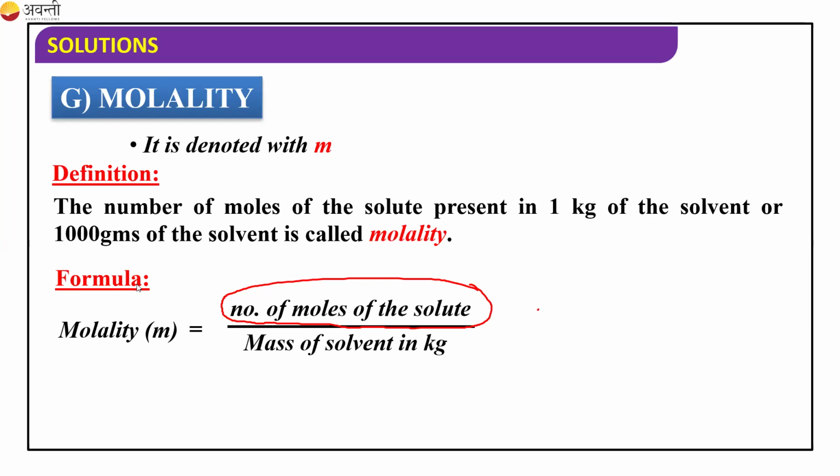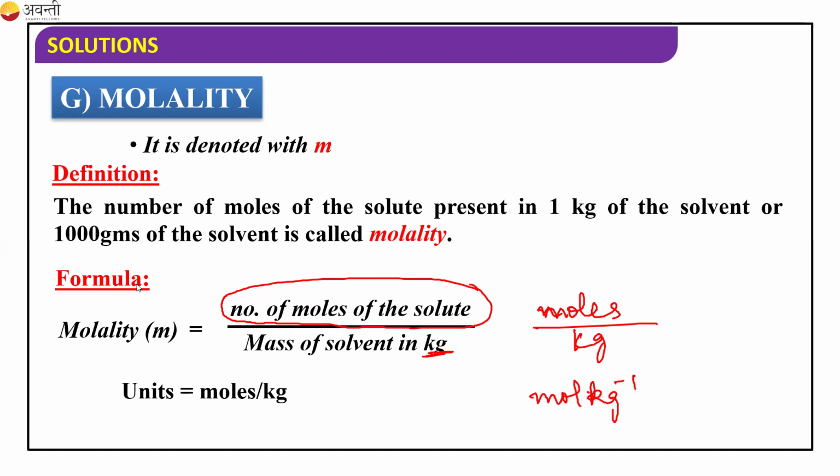Now, the unit for number of moles is mole, and for mass it is kilogram, right? So the unit of molality is mole per kg.